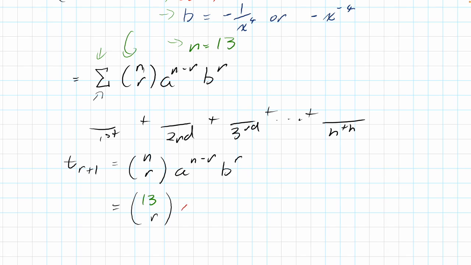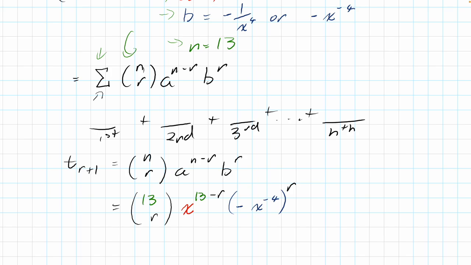The n value, again, we do know, it's 13, but it's also minus r, which again is the piece we're unsure about. And then our b value happens to be negative x to the power of negative 4. I'm going to write it like that. It might be a little simpler this way. To the power of r. Again, something we don't quite know.